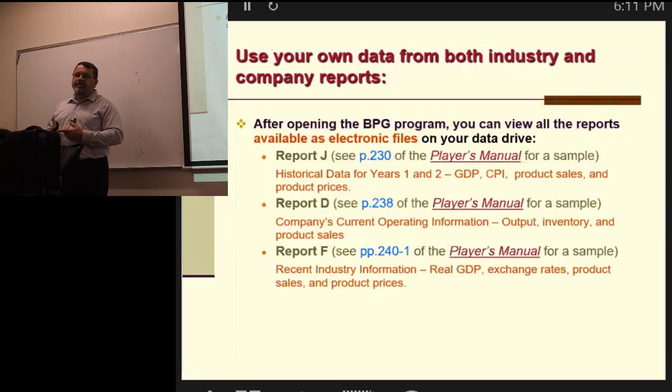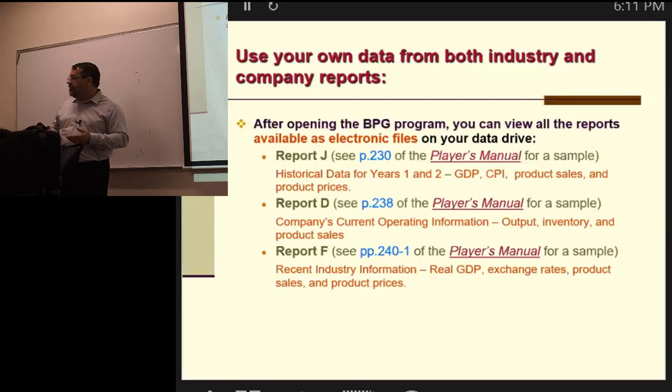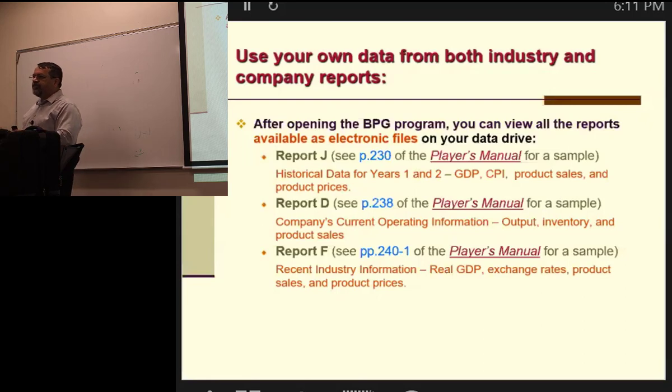They're described in the manual for the game, and you can go online and download these reports to see what information you have in them. All the teams start with the same information, the same history for the first 2 years. So you start on an even level, and then you start making your decisions from there, and some teams perform better than other teams based on how good they make decisions, how good they forecast, and of course on some luck.